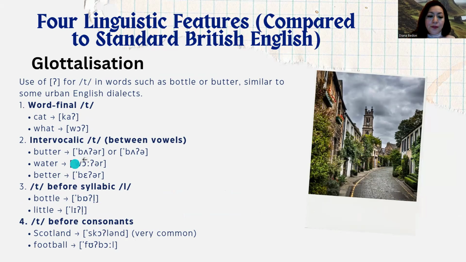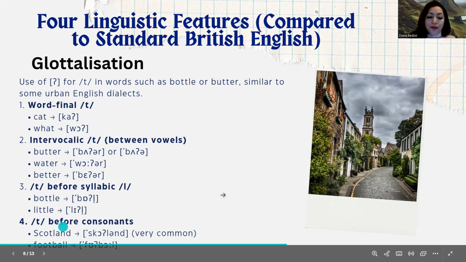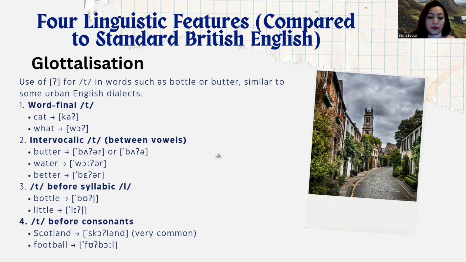Instead of saying water, they say wa'er. And better. You can see that they avoid the T sound before the syllabic L, as in bottle and little, and T before a consonant, like Scotland and football.